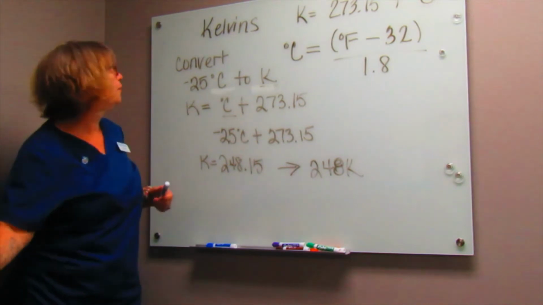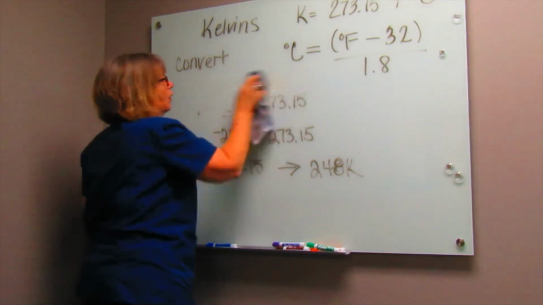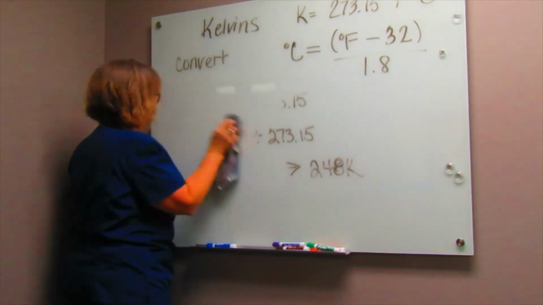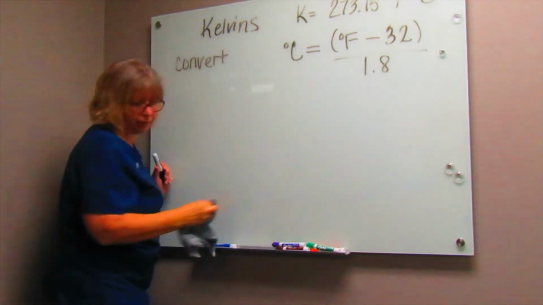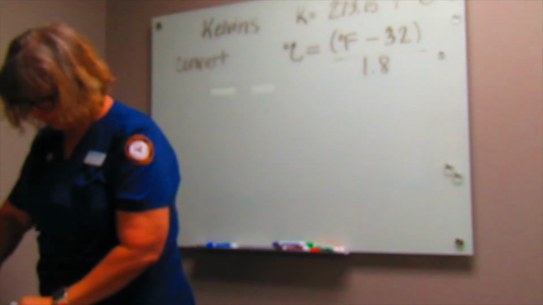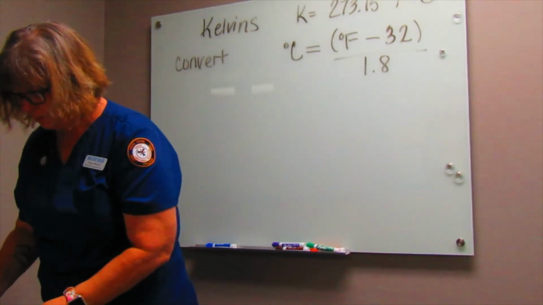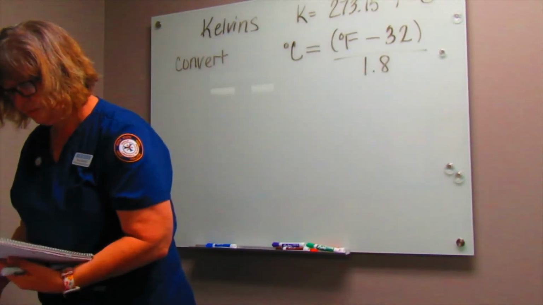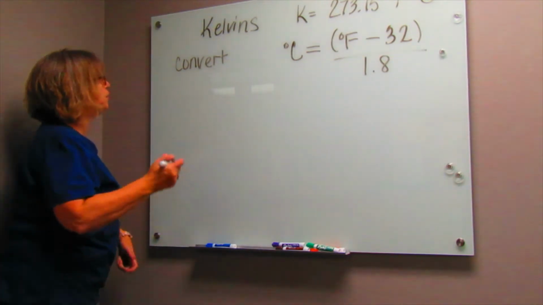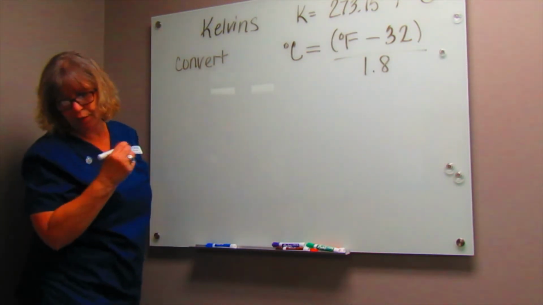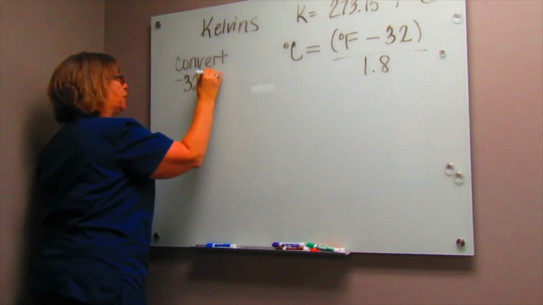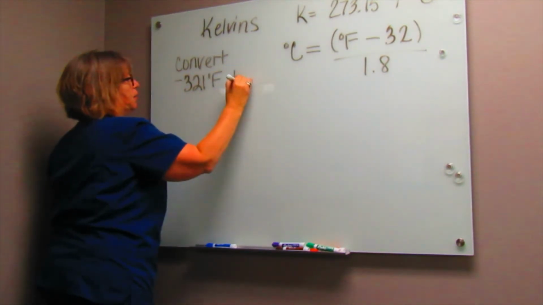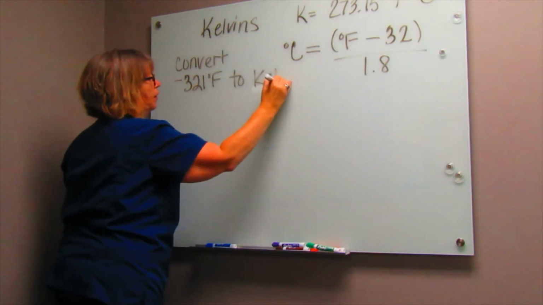We'll do some more. All right, so we're going to convert negative 321 degrees Fahrenheit to kelvins, okay?